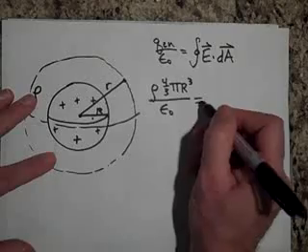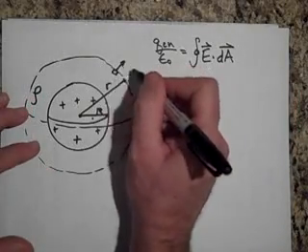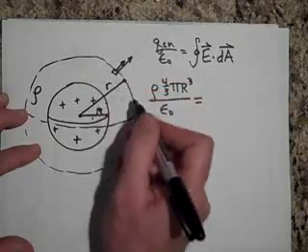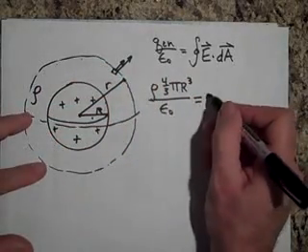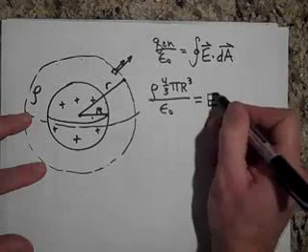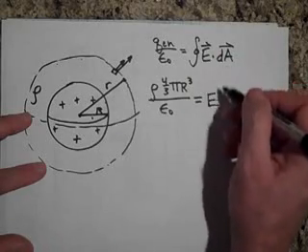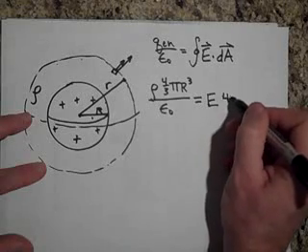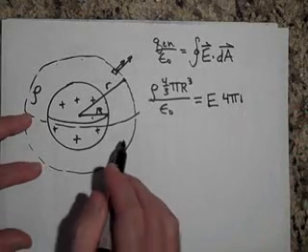Okay, on this side then, we can get rid of the dot product because E is parallel to dA. And E is the same at every point on here. So that's going to be just E times A, but when you pull out the E, you add up all the dAs. The A is going to be 4 pi r squared. Now which r is it?